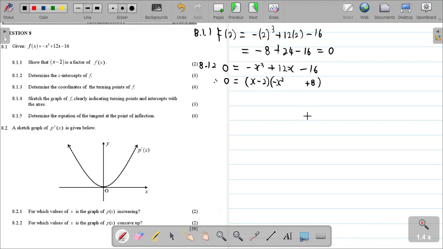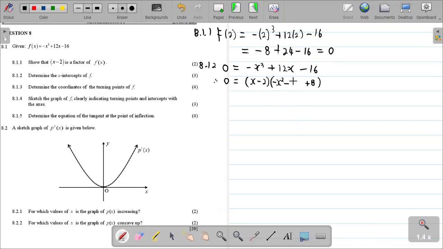And then what happens next? We must have something in the middle. If we want to have 0, so there are no x squared. Okay, so there is no x squared here. So it means that this and that is going to give us 2x squared, right?